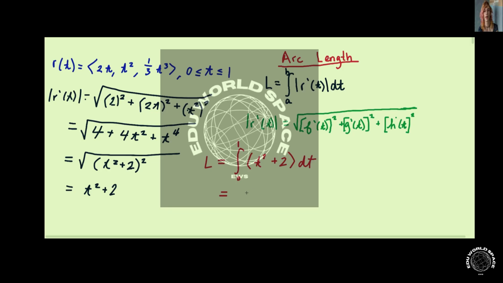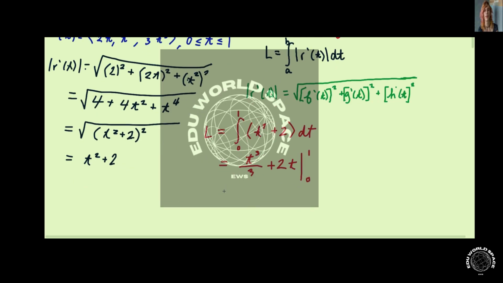Power rule tells me to add 1 and divide, so the integral of t squared is t cubed over 3. The integral of 2 is 2t, and I'm taking this integral from 0 to 1.